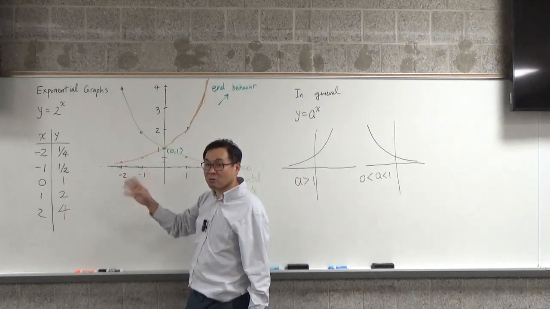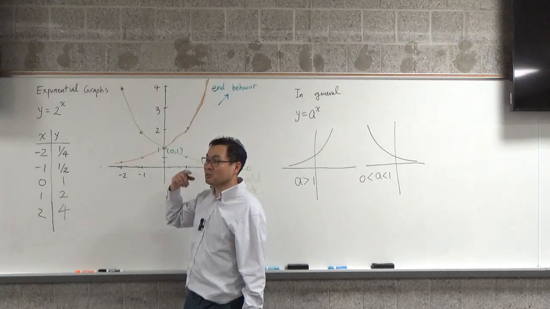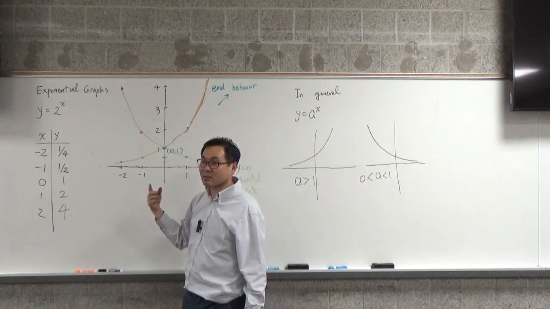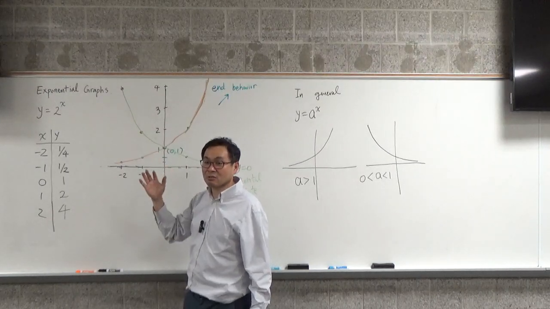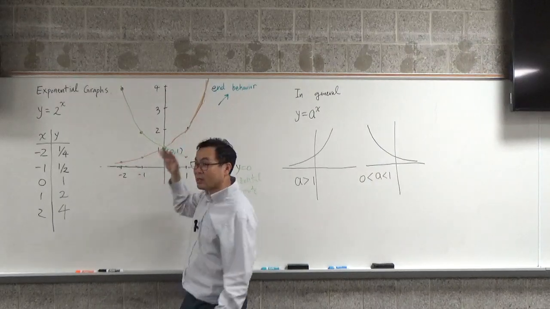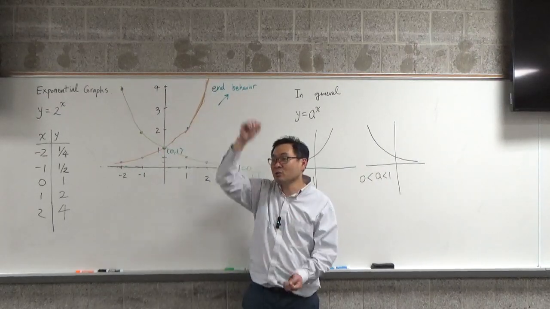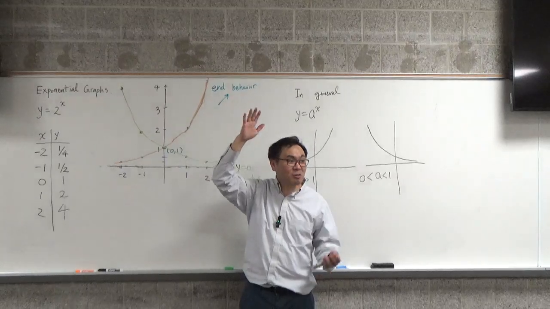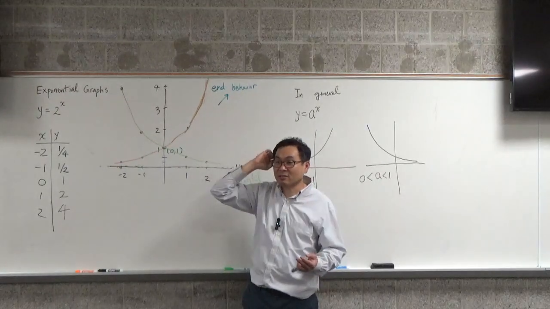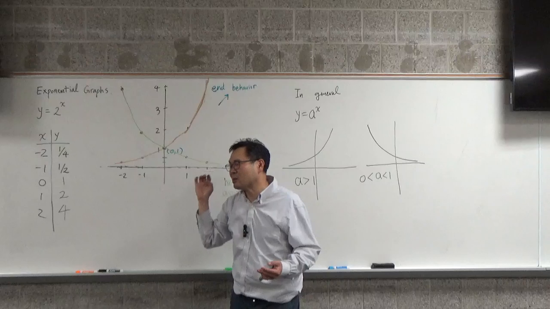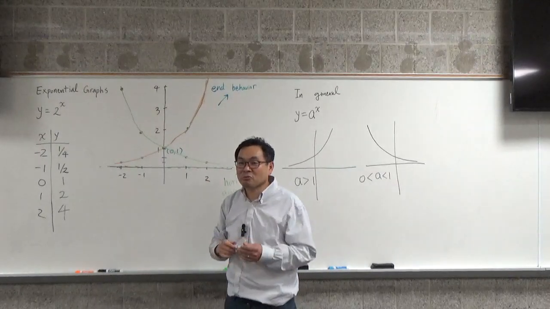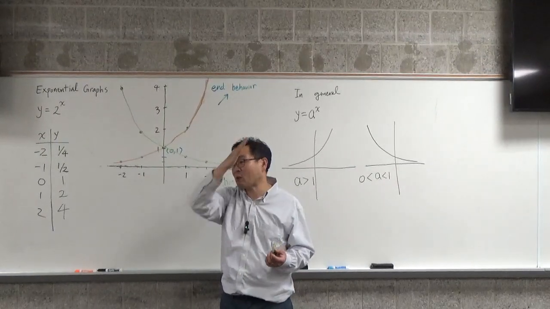When x is 3, you double that again, it's 8. You put 4, and then you double that yet again, it's 16. So every time you go to the right, what happens? The y value increases like crazy, right? The numbers go up very fast. That's why it's called an exponential. I mean, that's a property of the exponential function. Exponential function grows very rapidly, right?